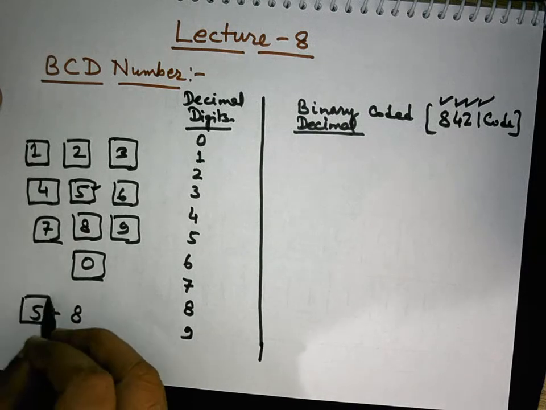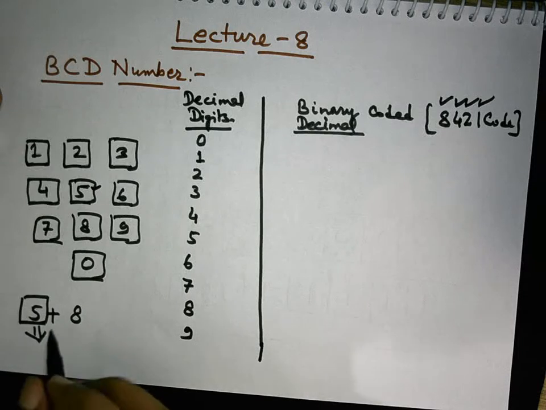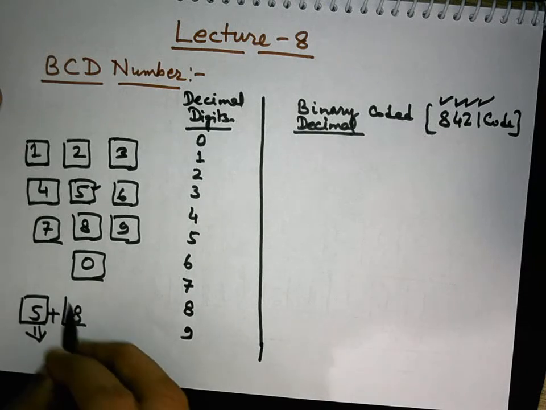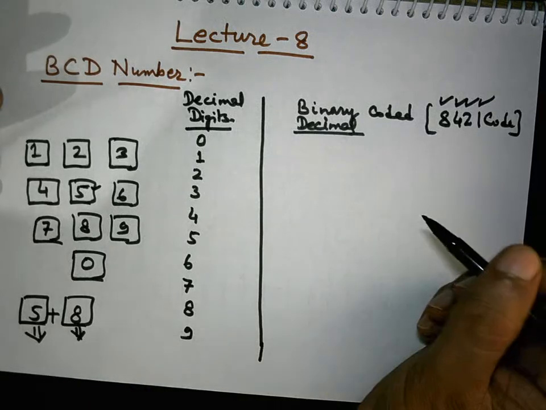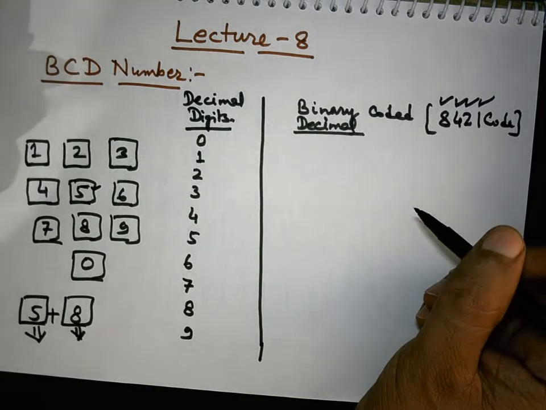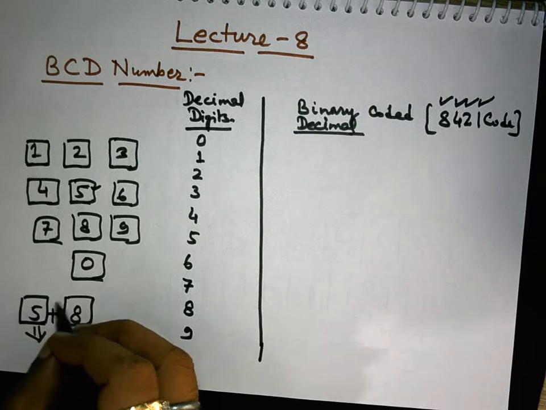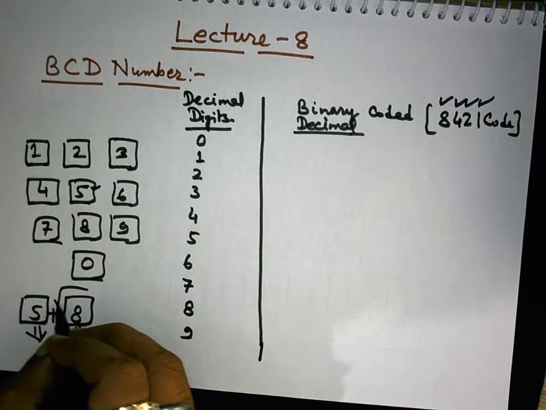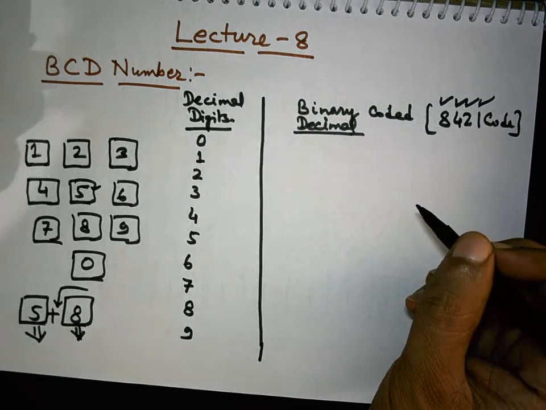As and when I press 5, it accepts a code which corresponds to 5, and when I press 8, it accepts the code which corresponds to 8, and then it further processes the arithmetic operation we wish to perform, meaning addition between these two data.